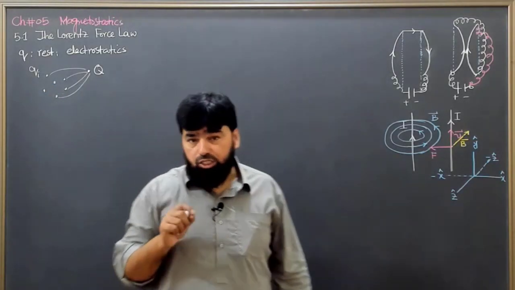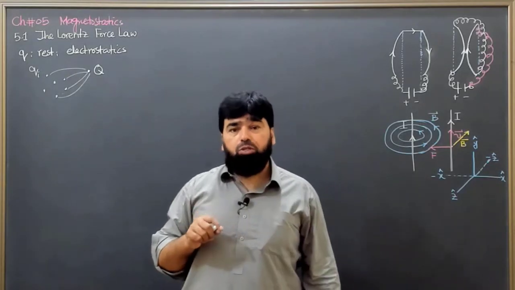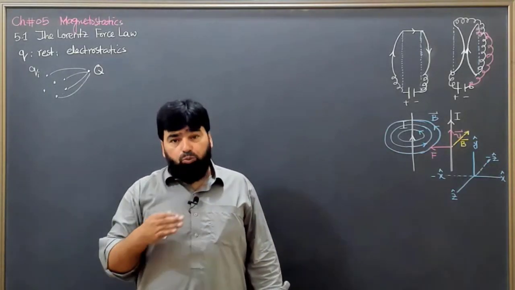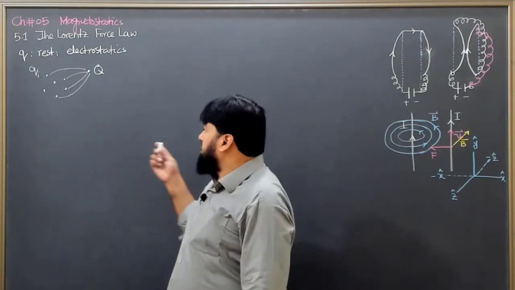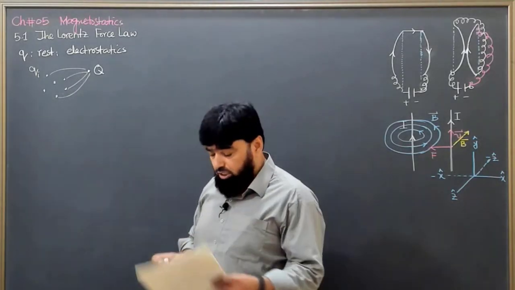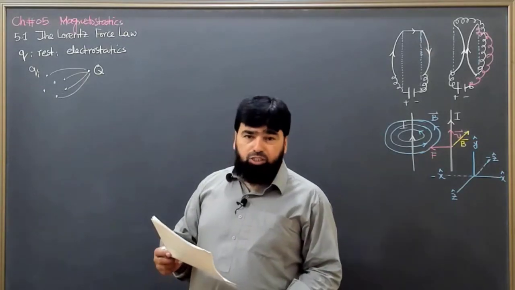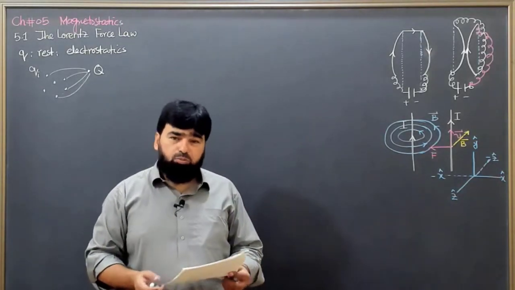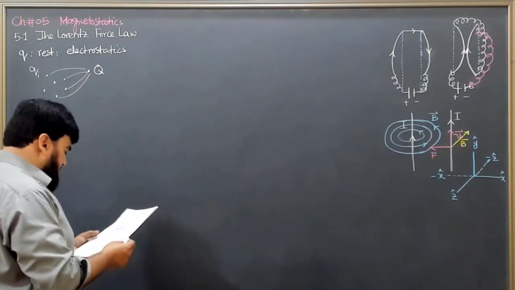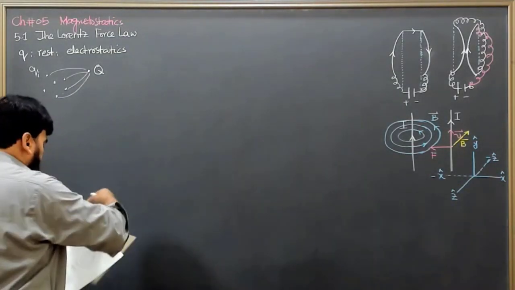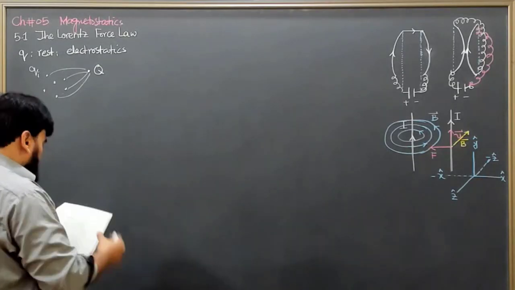So when this test charge is in the field of the source charge, it will experience a force and it will move. We consider the test charge to be a unit charge, with a negligibly small magnitude. Now I come to a situation.